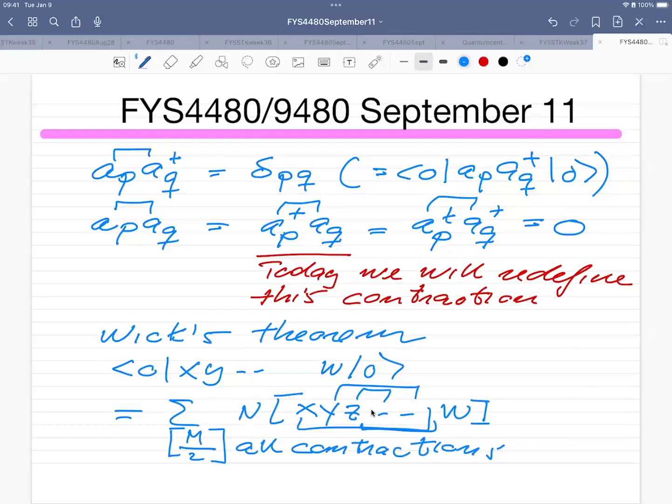So that's all possible contractions which we can have. Now, one of the things which we also introduced last week is what's called Wick's generalized theorem. Now, due to the contraction rules which you have here, it means that there are lots of... no, this is just a single sum.